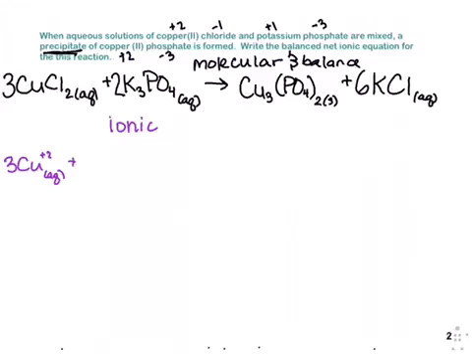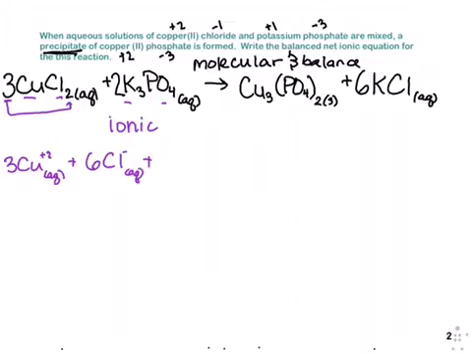Now, what would I write for chlorine? I'm just going down the line here. Yes, it's negative 1. 3 chlorine. Do we have to put this 3 or not? You have to worry about the 3, yes. It will not be 3, however. It will be 6 because this 3 times this subscript 2 gives a total of 6 chlorine ions there. 6 Cl minus AQ.